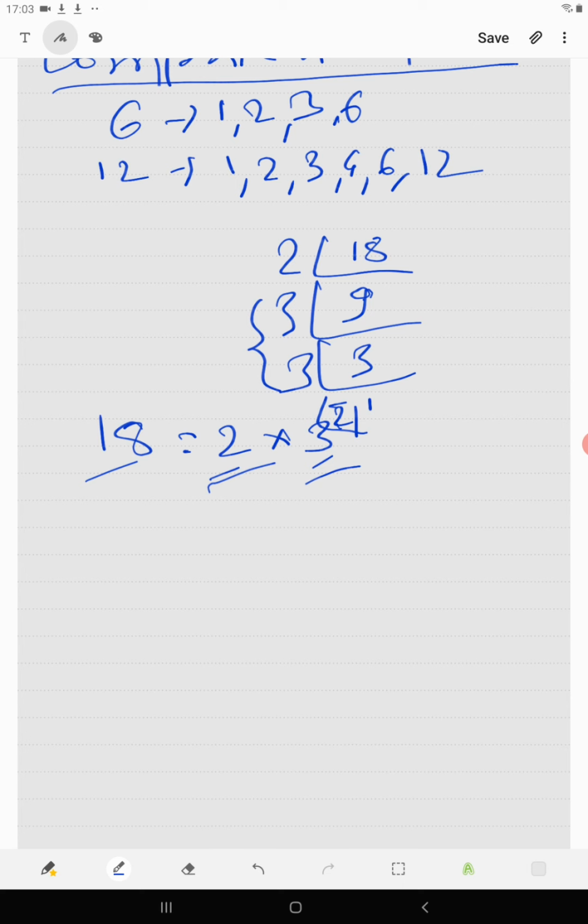Now let's move on and understand about LCM. So what is LCM?